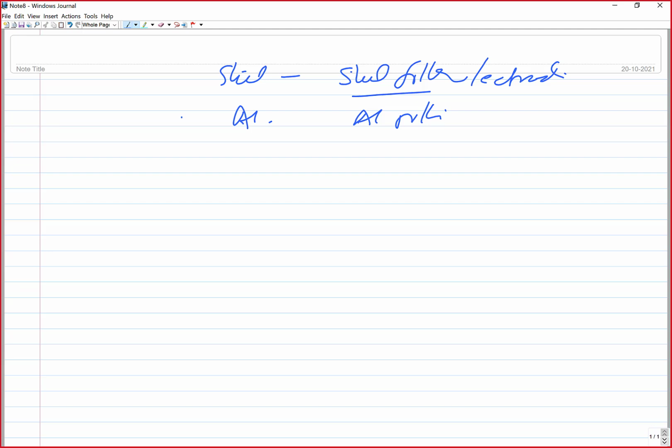But sometimes if you talk of a specific process, in your syllabus we have certain types of processes. What are those? We have the shielded metal arc welding process. This is one. This is also known as manual metal arc welding, because it is performed manually only.